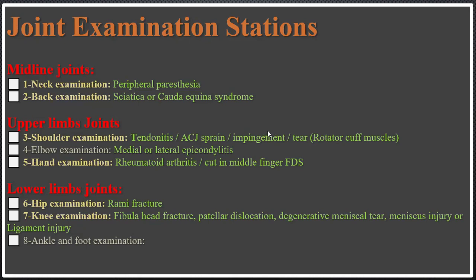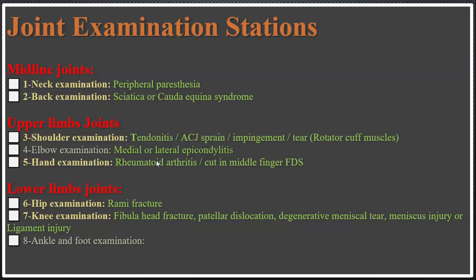Impingement here means pain. The patient has pain, but he has good resistance. Tear, the patient has weakness. So if he has problem in any muscle, you will mention the name of the muscle only. But if he has problem in all muscles, so the problem is in rotator cuff muscles.